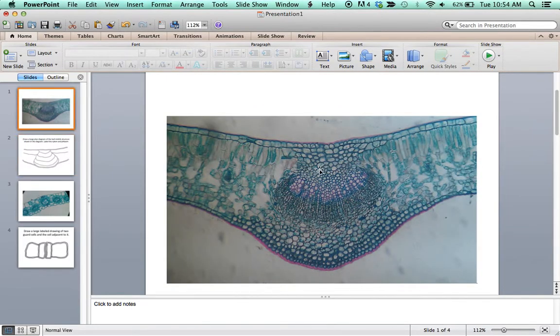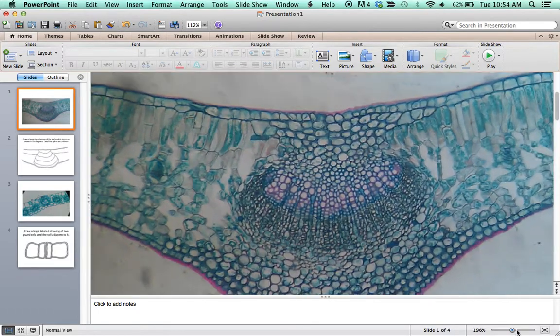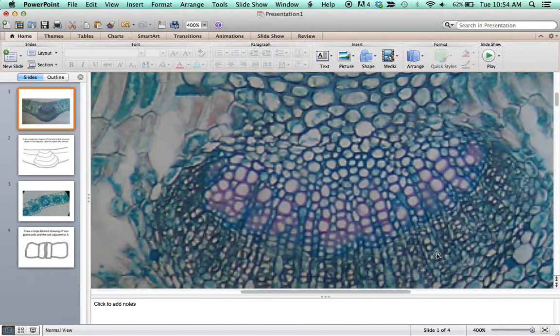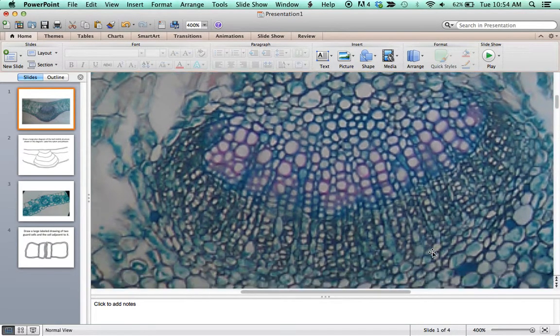And then as you look further down, this layer is your xylem vessel. Okay, this is your xylem vessels. Now xylem vessels are known to have thick cell walls and a large lumen as well, of course compared to the phloem layer down here.